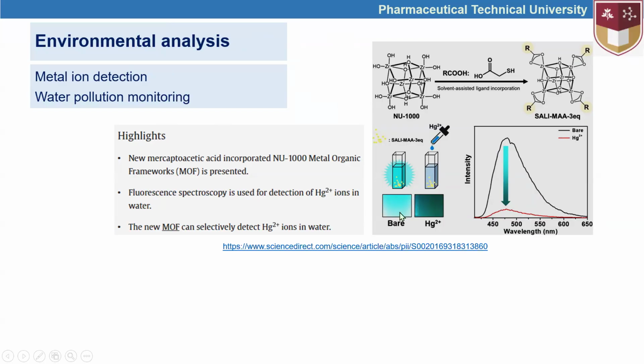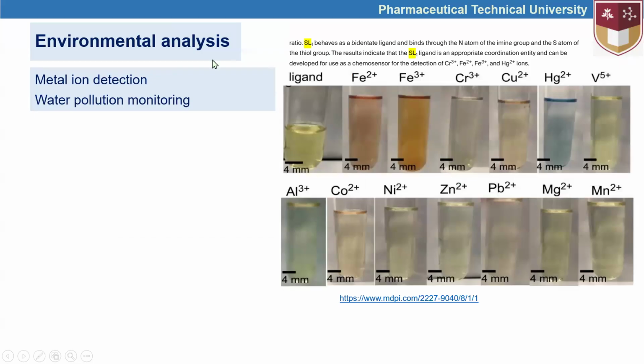This kind of method was developed. The addition of mercury ions caused the difference in the color intensity that could be used to quantify the concentration of tungsten ions. And here we can see the compound termed FL1, which is a bidentate ligand, which binds through nitrogen of the imine group and sulfur of the thiol group, and developed colors with different ions.